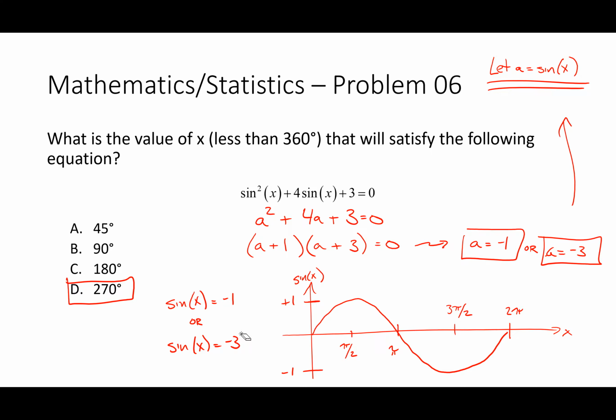Your sine function is always contained between plus and minus 1. You can't have a sine of an angle equal negative 3. So this first root doesn't make any sense. It won't work. The only place that the sine of x is minus 1 is right here, and so x would be 3 pi over 2, which in degrees is 270 degrees. So there are a couple different ways of looking at this, but you get the same answer.